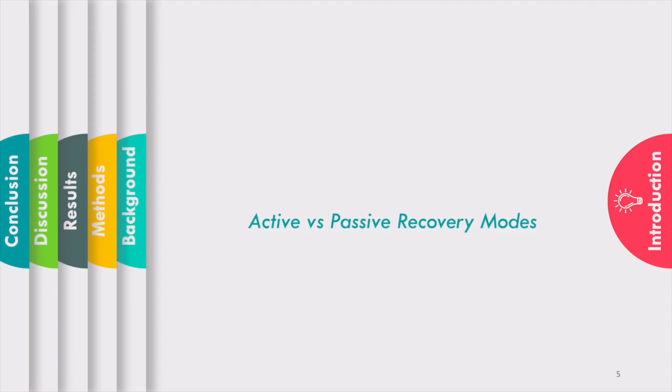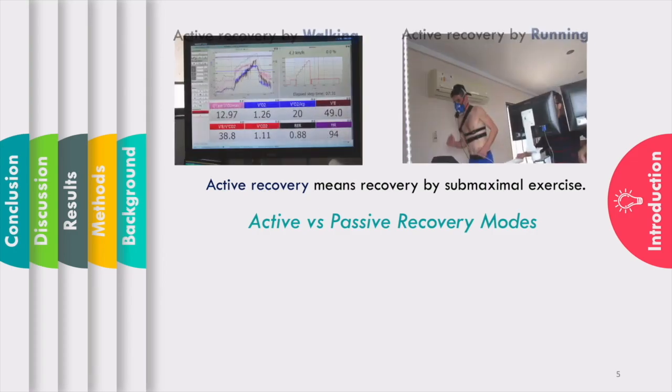In high-level athletes, it is so important to recover fast in order to continue their training. However, it is not clear how soccer players can be optimally recovered after the VO2max test. There is no consensus whether active or passive recovery is more effective post-IET. Active recovery means recovery by submaximal exercise.